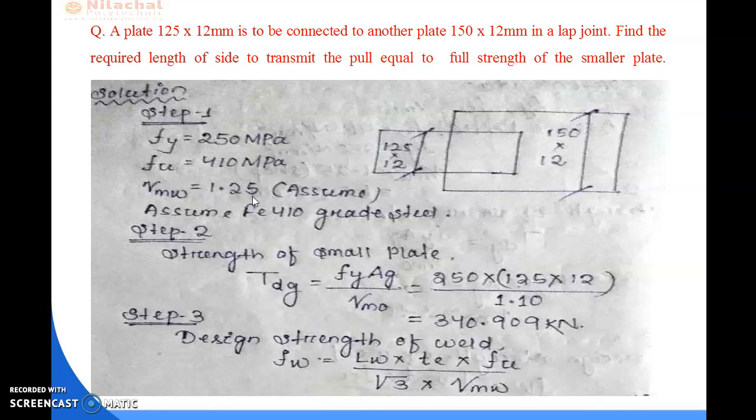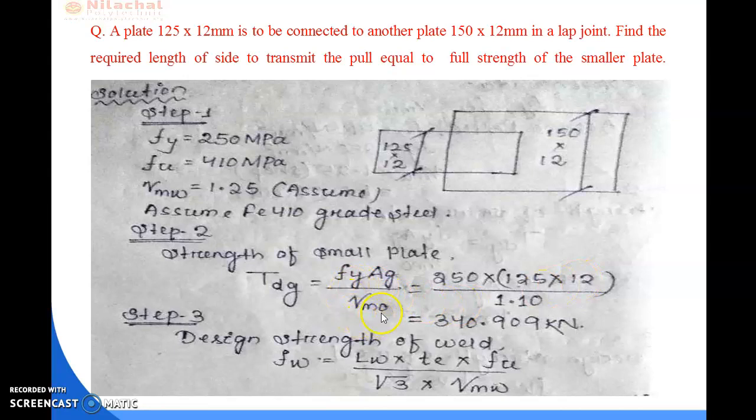Next is your step 2, in which you have to calculate the strength of the smaller plate. The formula is Fy into Ag divided by gamma M0. Fy value is 250 MPa. Ag is the gross area of the small plate, which is B into T. Here the width of the small plate is 125 and the thickness is 12 mm, so just put the values here.